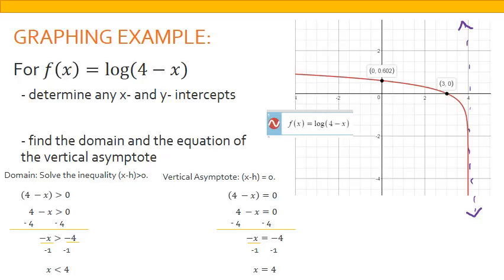Okay, that means it's a line that it gets really close to, that red graph right there. The log of 4 minus x gets really close to x equals 4, but it never touches it. Okay, it gets really close to it, but it's never going to touch it. That's the definition of an asymptote. Okay, and our domain is all x's less than that. So that's where we get x is less than 4. And your vertical asymptote is x equals 4.